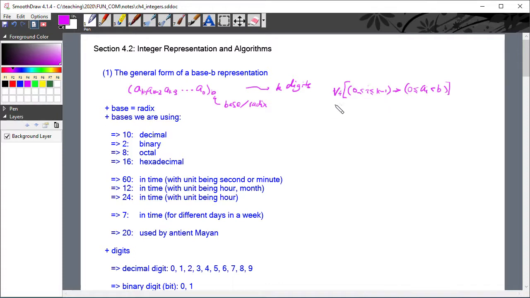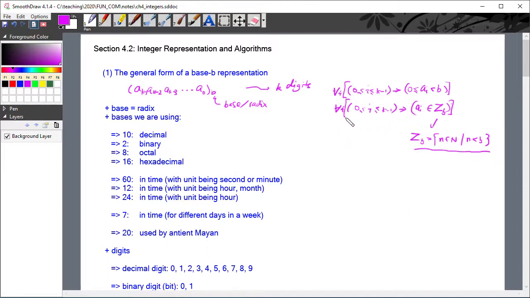You can also use another expression: for all i, if i is greater than or equal to 0 and less than or equal to k minus 1, then a_i is in Z_b. This is defined in the last section. Z_b consists of natural numbers n where n is less than b. So this is the set builder notation of this.